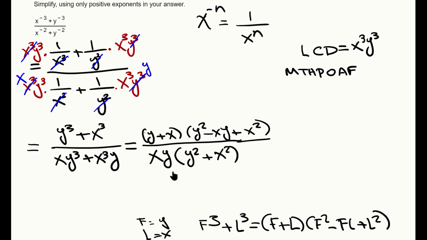Now, even though we completely factored both the numerator and the denominator, there is still no legal cancellation possible, because we cannot cancel within those factors. Those would be terms inside the group, and we can't cross cancel terms. So this was as good as things are going to get.